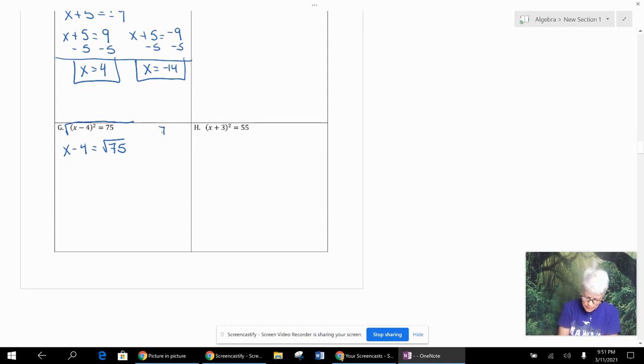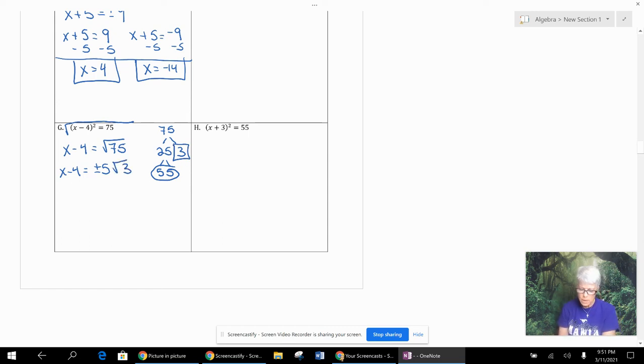When I see 75, I see a perfect square right away. 25, perfect square. I can break that down if you need to see the pair. There's the pair. So this is x minus 4 equals plus minus 5, and the 3 is stuck inside.